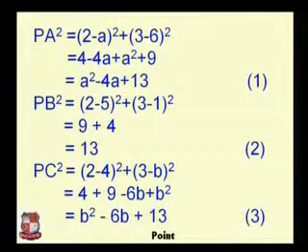Applying the formula of (a minus b) square, 2 minus 4 we get minus 2, whole square we get 4. Now (3 minus b) whole square we get 9 minus 6b plus b square. Finally it is equivalent to b square minus 6b plus 9 plus 4, 13. Call this equation number 3.